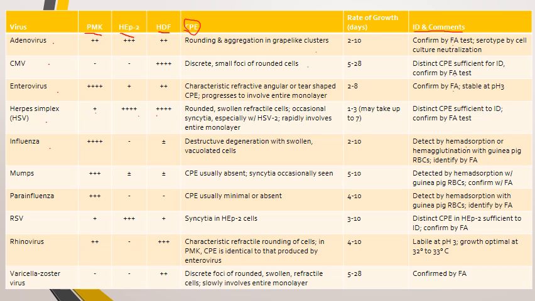So if it's a skin lesion and you're potentially ruling out herpes simplex virus, a PMK cell might not be as effective as either a HEP2 or HDF human cell. These are fibroid cells, these are monkey kidney cells, so it depends on what you're aiming for.